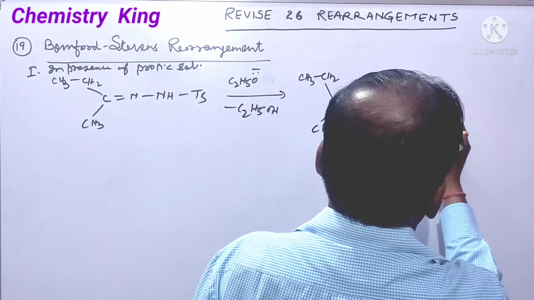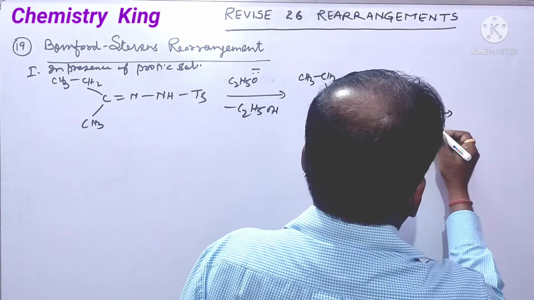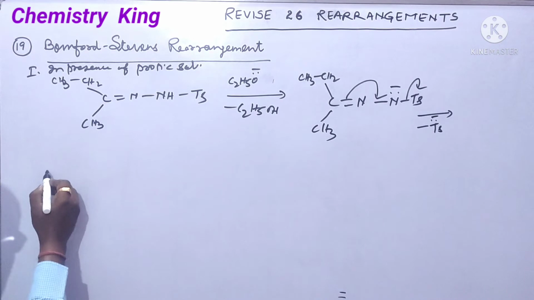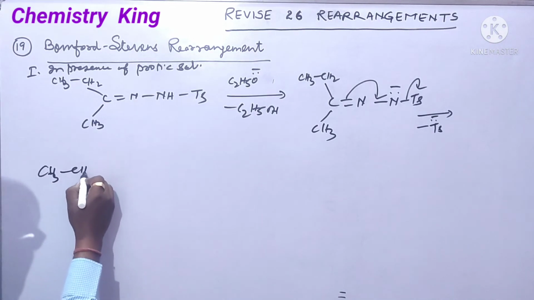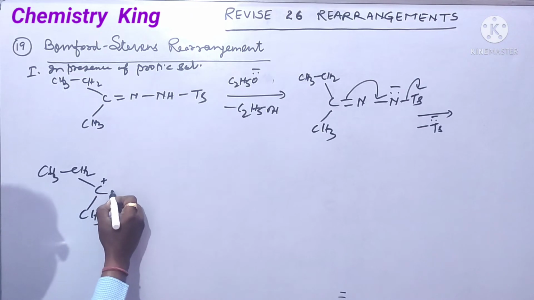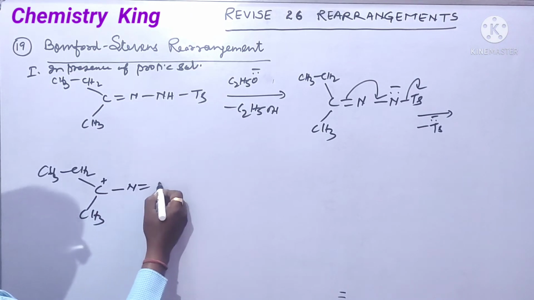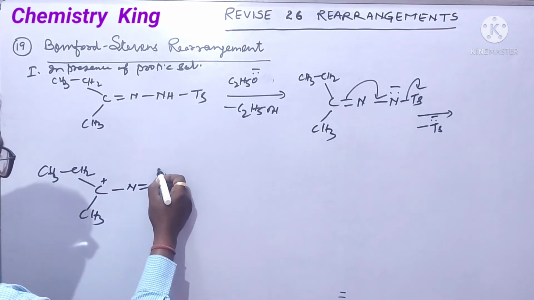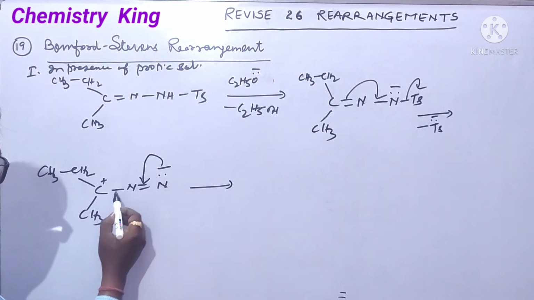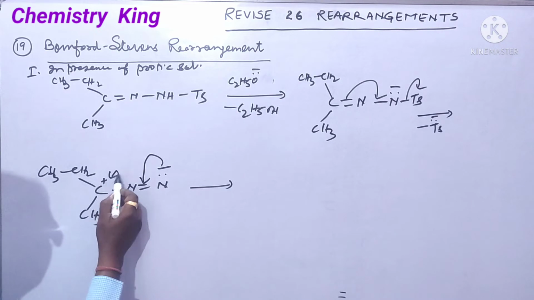Now Ts minus will be liberated and you will get CH3, CH2, C, CH3 with double bond N, double bond N minus. Now it will come here.